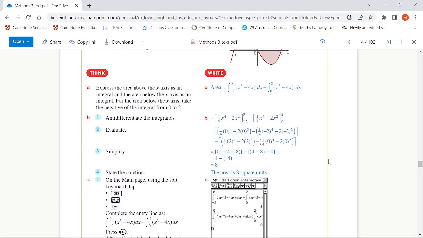But what we need to show are the critical elements. We need to show what the actual rule is that we're calculating, so we know what the actual integral is that we need to do in order to calculate the area.